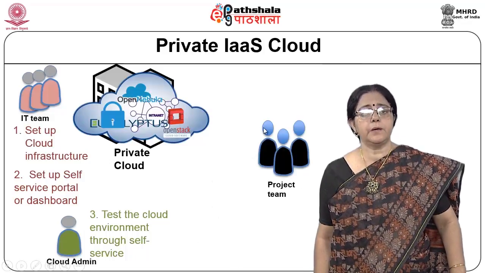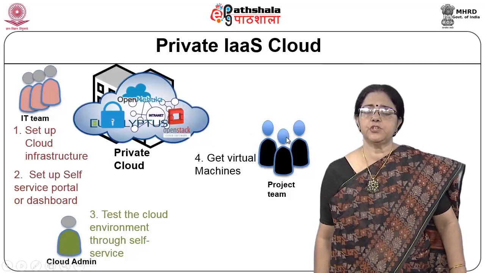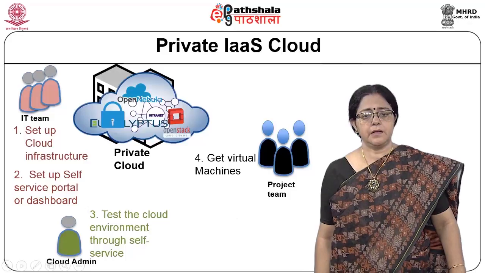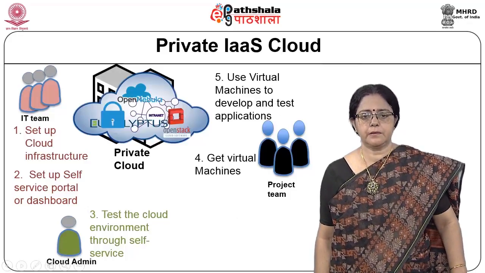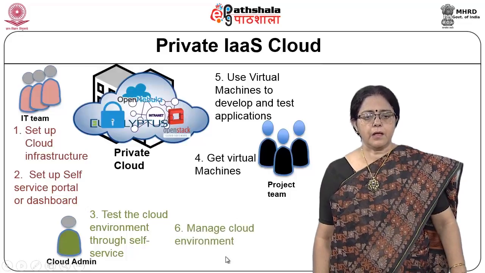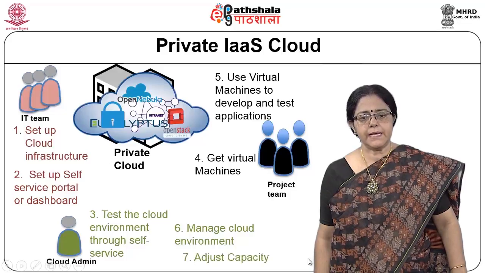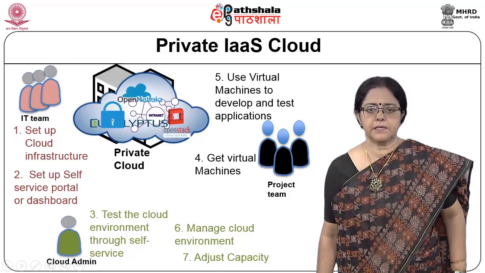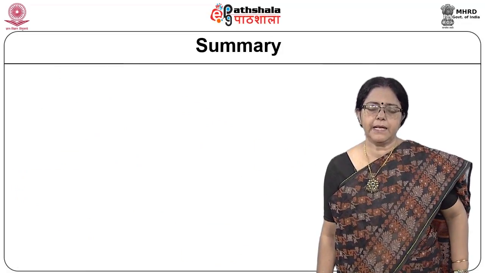And then the project team will be obtaining the virtual machines. The only difference is that now the virtual machine resides in the private cloud on premise, and they will use it and develop their application. The cloud admin continues to manage the environment and adjust the capacity. This is the way a private IaaS cloud is being set up by this company XYZ.